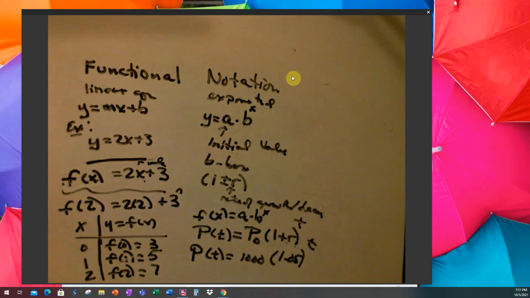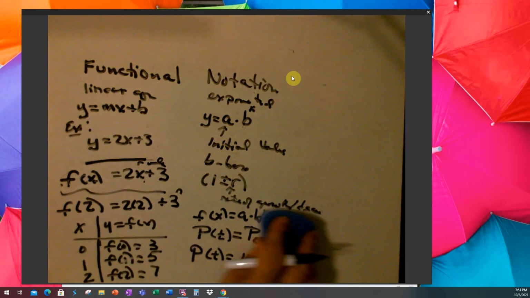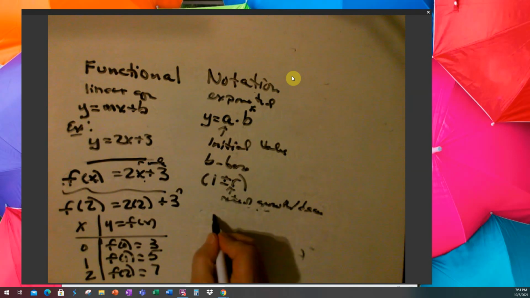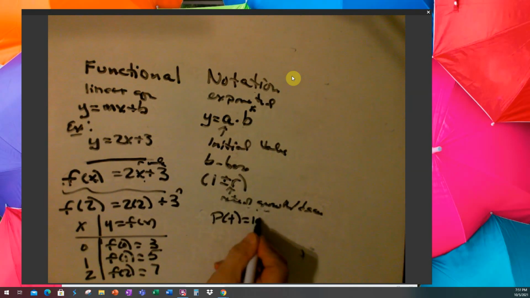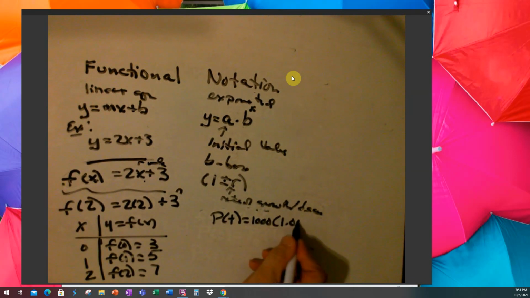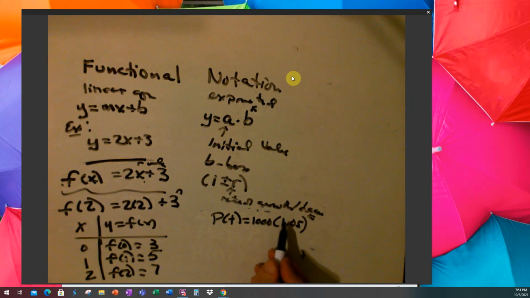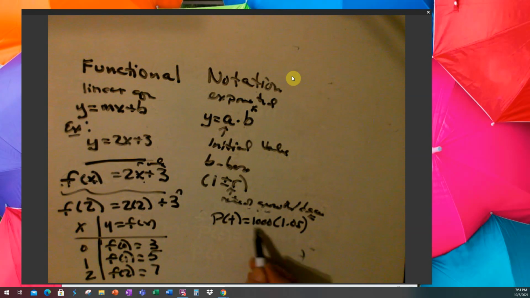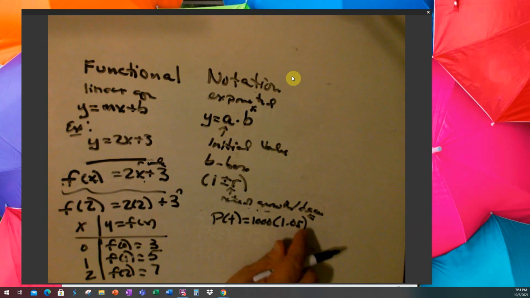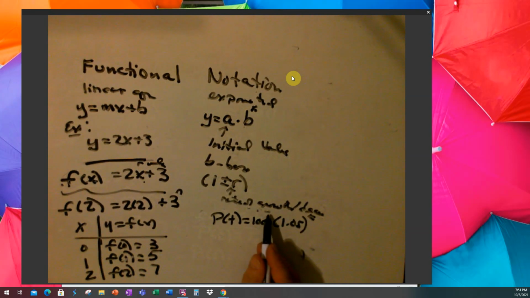So the very same thing here, once we've got this equation, growing at 5% a year. So I've got the 1 gives me the original amount, the 1,000 or whatever the previous thing is, and then 5% of that.